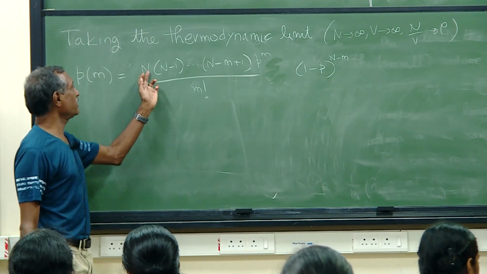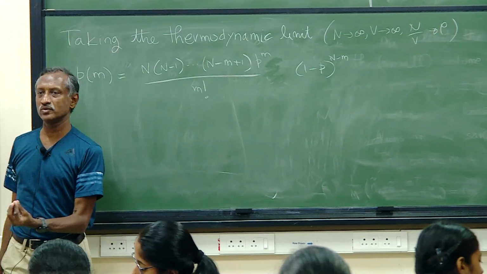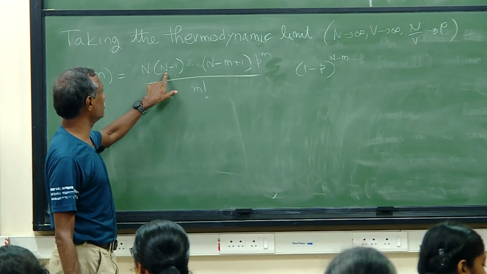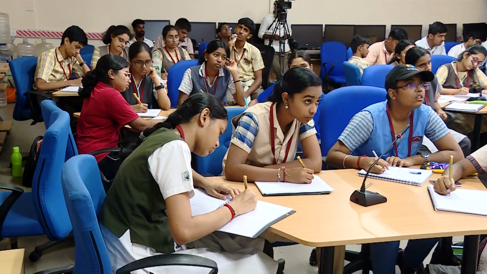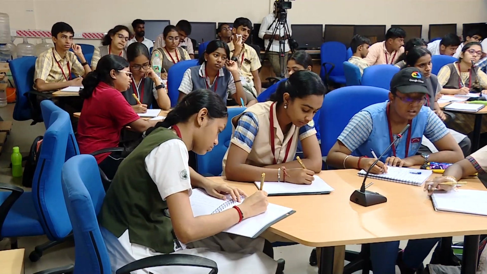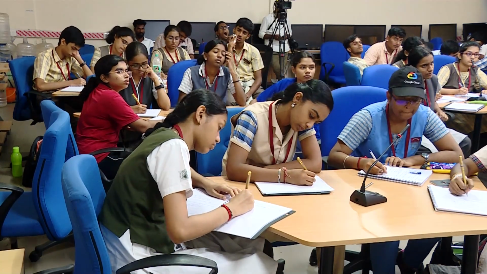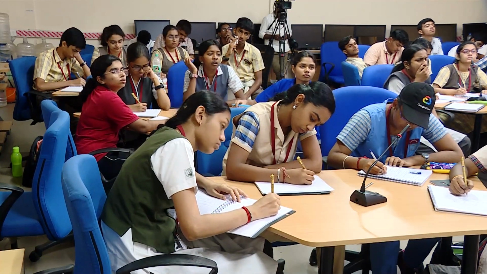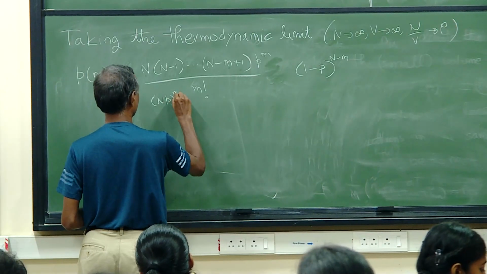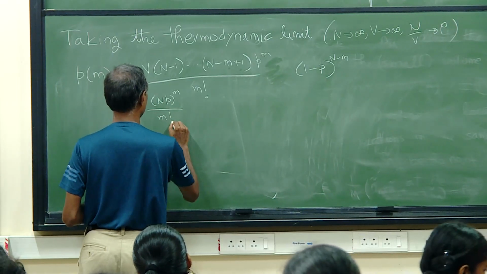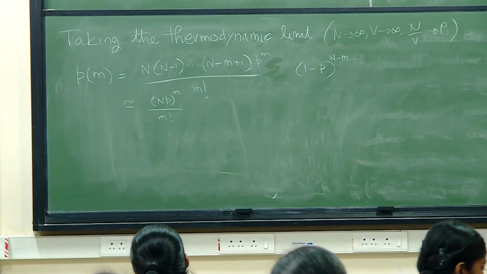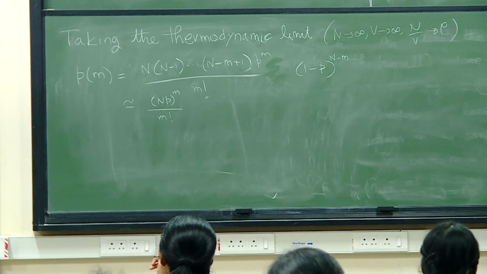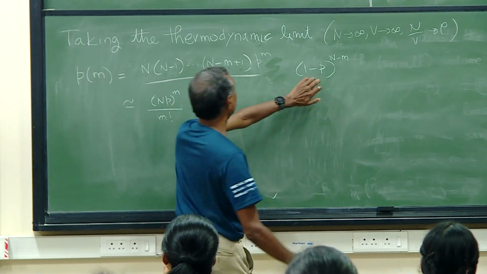So first thing is that m is some finite value, but n is going to infinity. So I can approximate this by n. I can drop the 1 and m plus 1 here. So this is approximately n power m p power m. I'm okay with this because NP we know is going to a constant in the thermodynamic limit. So this term is taken care of, but we have to still do something here.